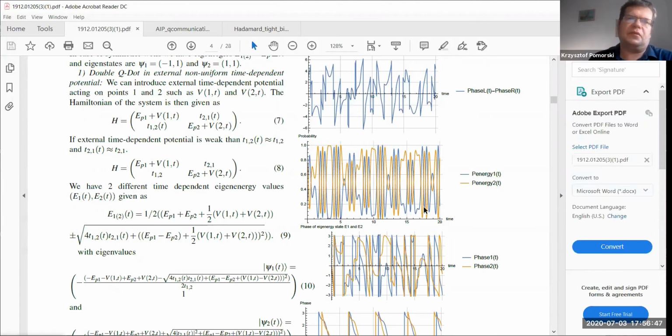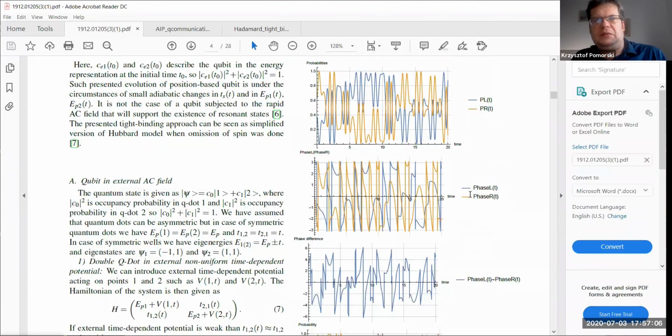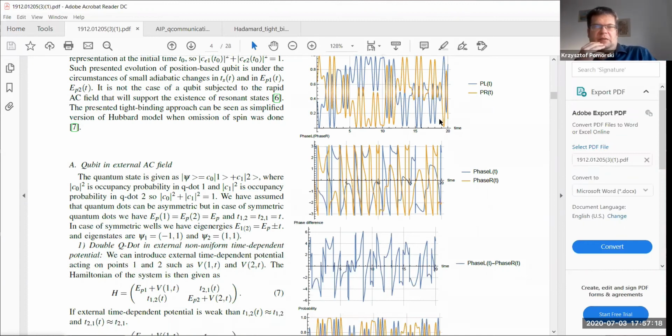However, if you shine light, there is an exchange of occupancy of energy 1 and energy 2 as given here. You can translate these changes of occupancy of energy levels 1 and 2 into changes of occupancy on the left and right side, and this will be as shown here. The behavior is a bit more complicated.